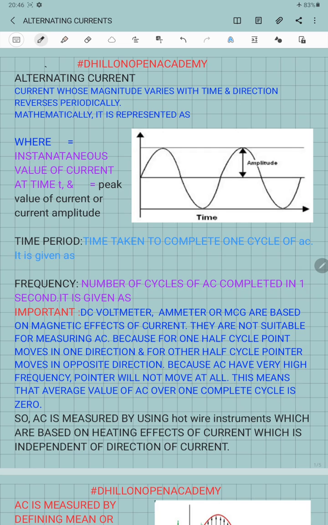Here in the figure you can see the graphical representation of an alternating current, which is a graph between current taken on the y-axis and time on the x-axis.